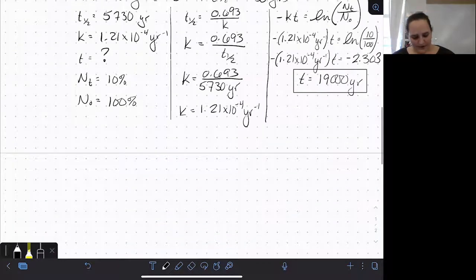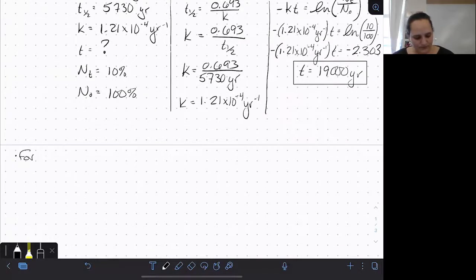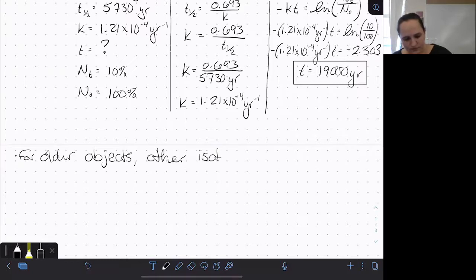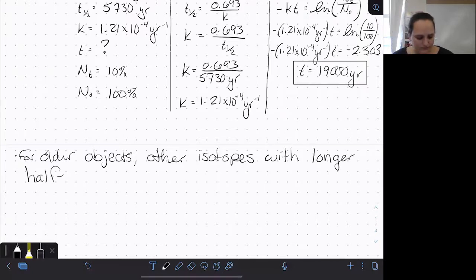For older objects, other isotopes with longer half-lives need to be used. That is the only difference between carbon dating and other types of radiometric dating: just what isotope you're actually studying.